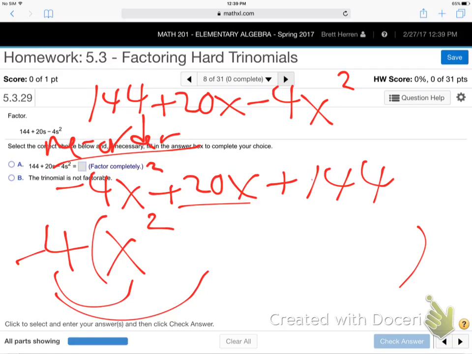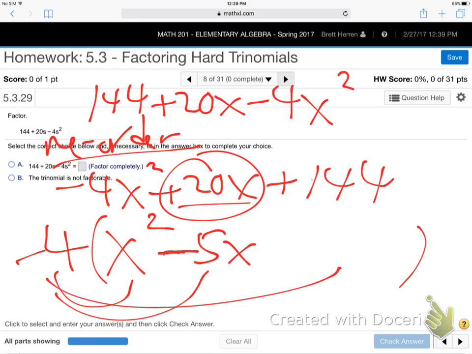Negative 4 times what will go back to plus? Negative times negative. Remember, it changes all the signs. And negative times what will go back to positive? Negative 36. Use your calculator: take 144, divide it by 4, you'll get 36.